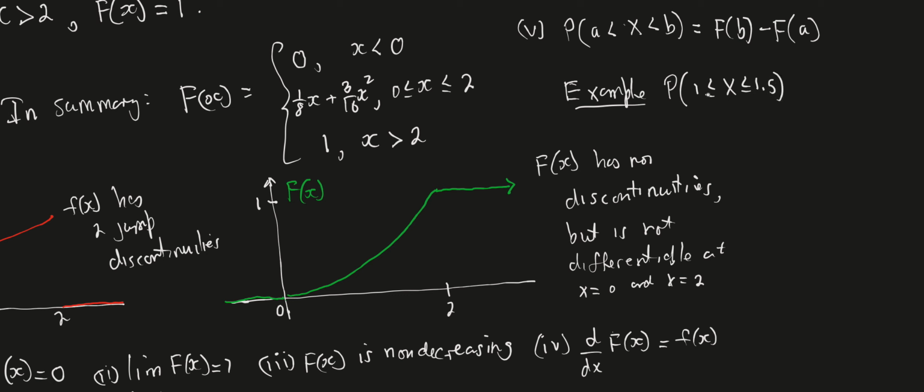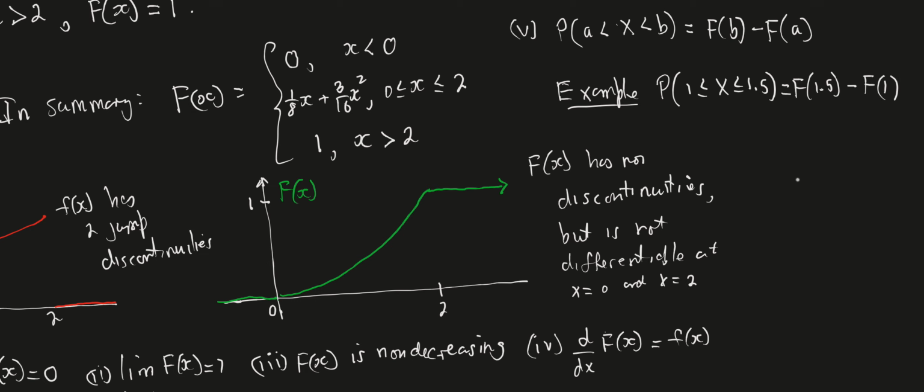I could go back to the PDF and do the integration all over again. Or, since my area function has already incorporated the integration, just use this property and take big F of 1.5 minus big F of 1, right?